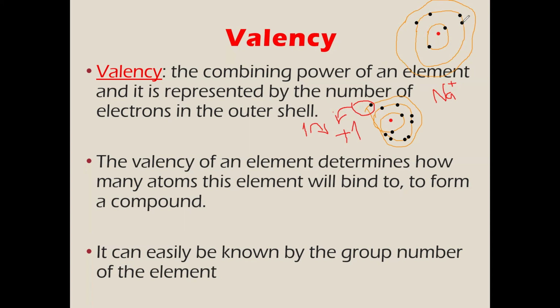Let's draw the electrons: here 2, 8, and 2. What information do we get from that atomic number? The valency is 2. Why? Because the outermost shell has only 2 electrons, and these 2 electrons can be lost easily, forming a positive 2 ion.